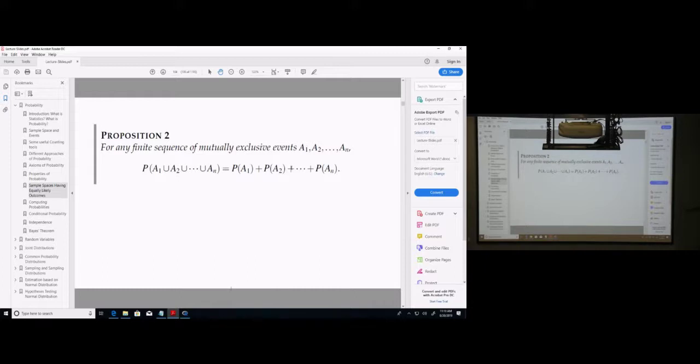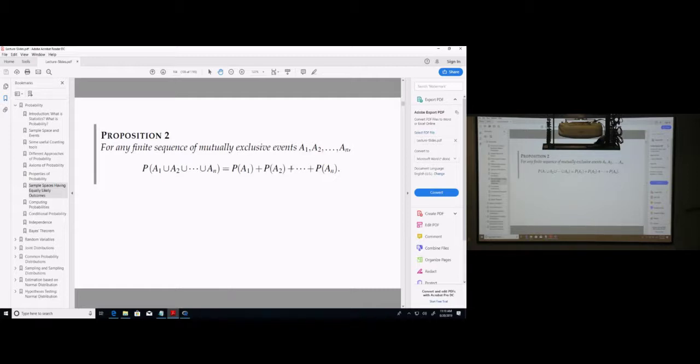So we don't have to have it. Because now if you believe in proposition 1, one way to change this to infinite is to let A_{n+1}, A_{n+2}, and so on and so forth equal to the empty set.